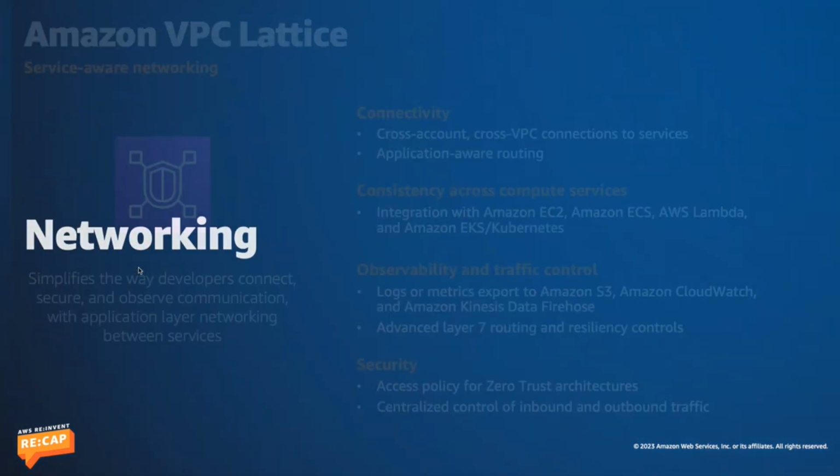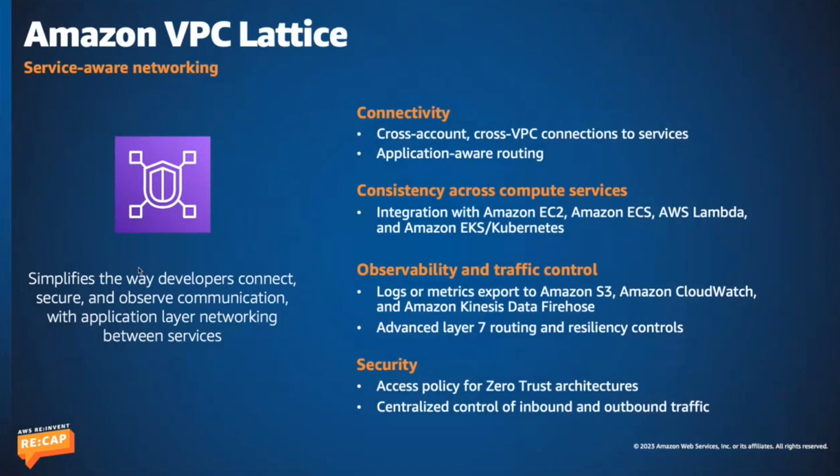When it comes to networking, we have made available a new service which is called Amazon VPC Lattice, which is an application layer networking service that gives users a consistent way to connect, secure and monitor service communication without any network expertise.